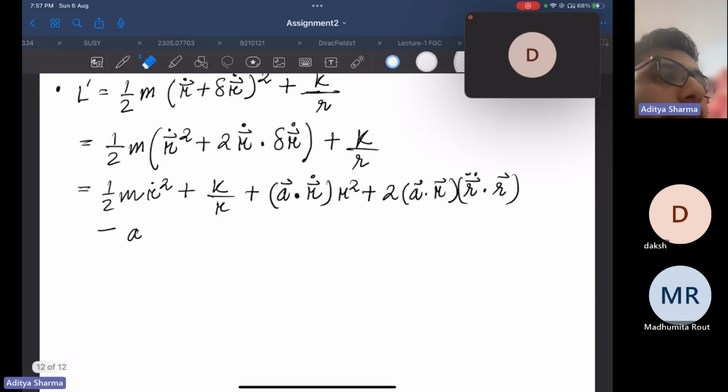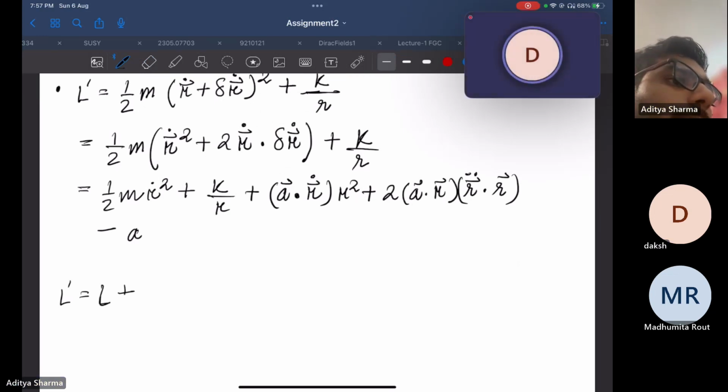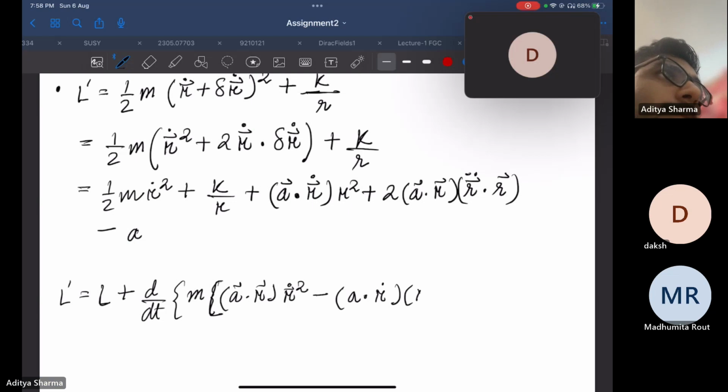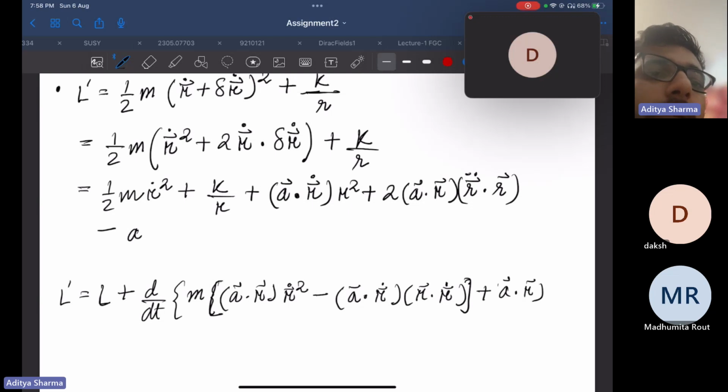So what you get is L prime is equal to L plus d by dt of m, a vector dot r vector times r dot square, r vector dot square minus a dot r dot, a dot r dot, these are all vectors, plus a dot r vector, a.